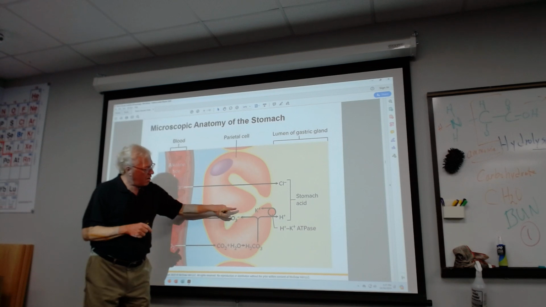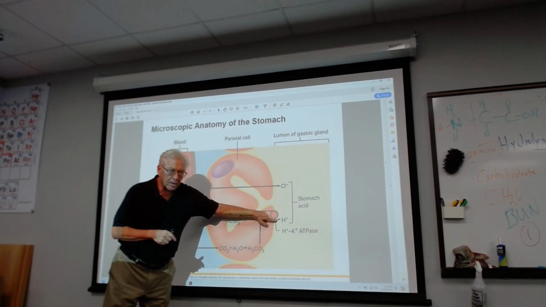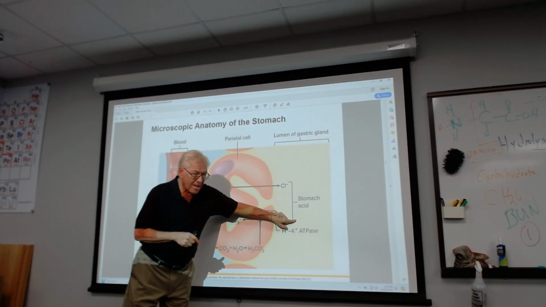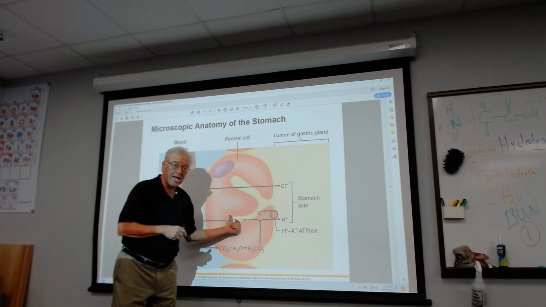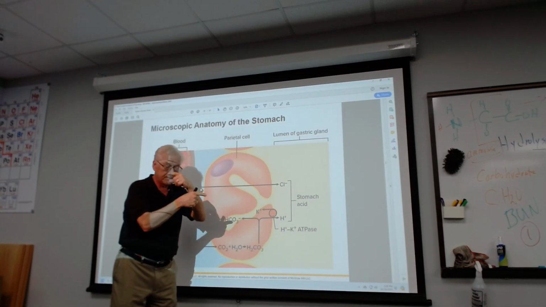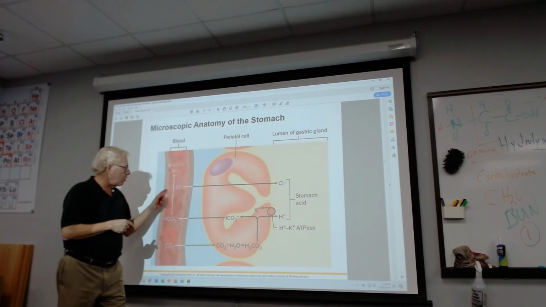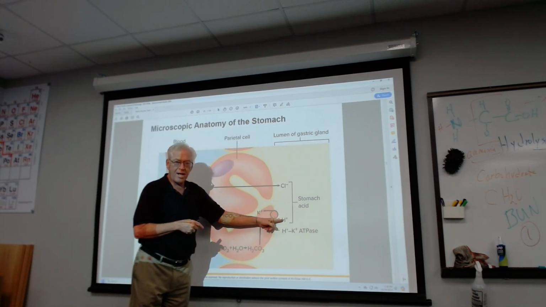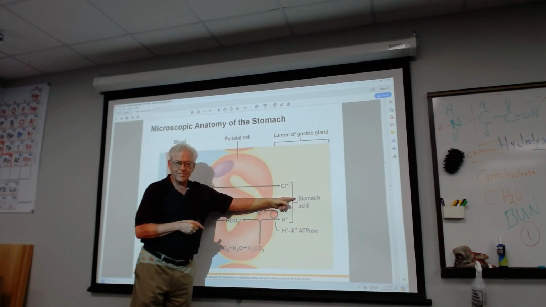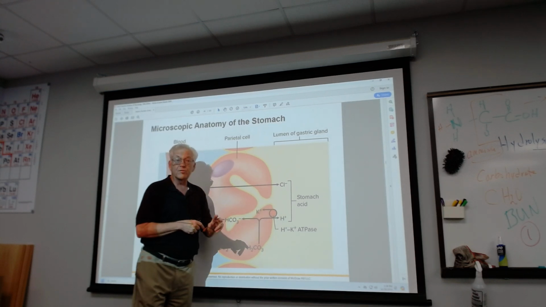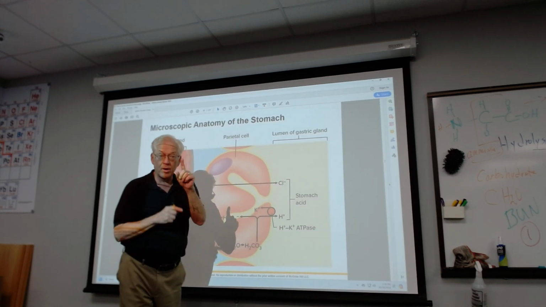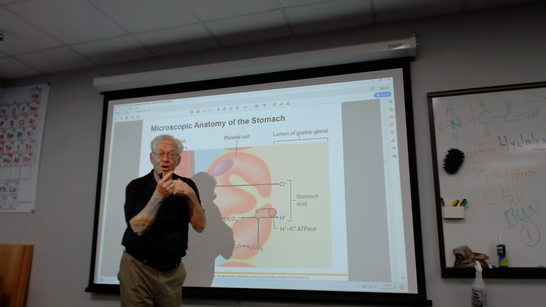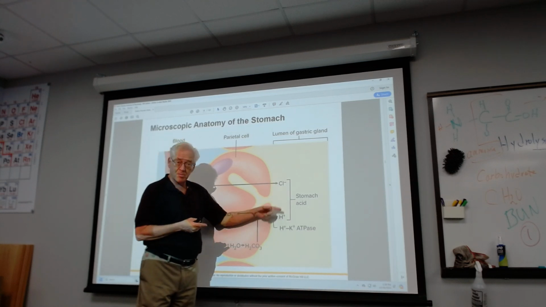Well, from this pump, we pump H's in as we pump K out. It's an antiport. But we got chlorine in our blood. So you bring the chlorine in here. What's chlorine? And H going to make hydrochloric acid. Okay? So your chlorine is used in two ways. Number one is the chloride shift, and here to make stomach acid.